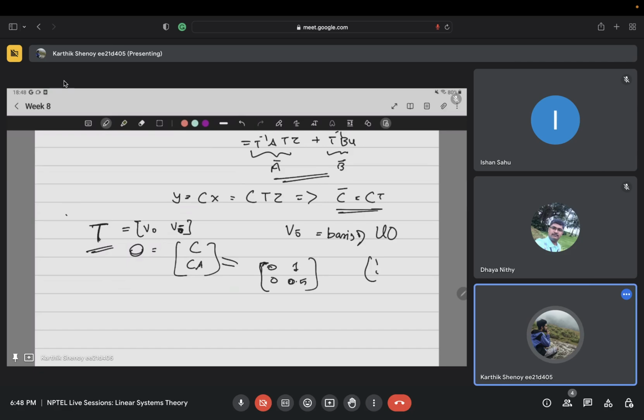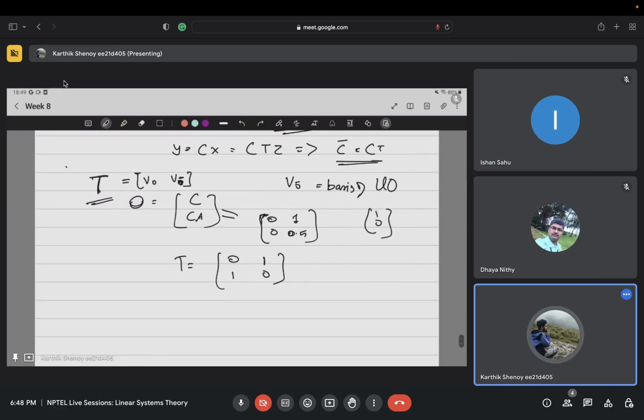It is 1 0, correct. So now what is T equal to? 1 0, and what is the other vector which you can use? 0 1. So that's how you construct this T. You have to first choose the basis of the unobservable subspace. You can't just take the columns of the observability matrix, because you have to look at the kernel, not the image. This time it's the dual. So this is your T.